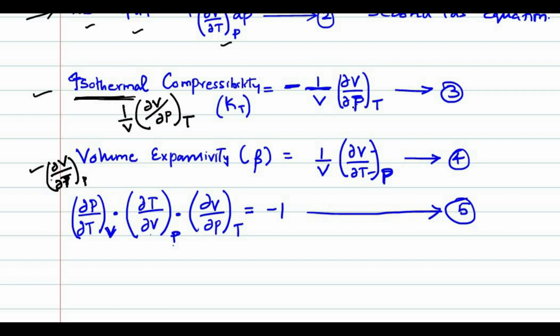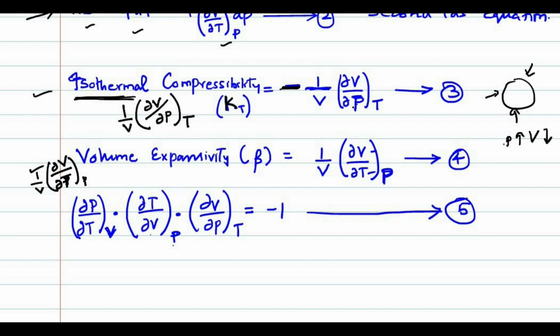Before that, we will be having 1 by V. So isothermal compressibility is denoted by the term Kt is equal to minus 1 by V dou V by dou P at constant temperature. Here there is a minus sign. Whenever we increase the pressure, the volume decreases.